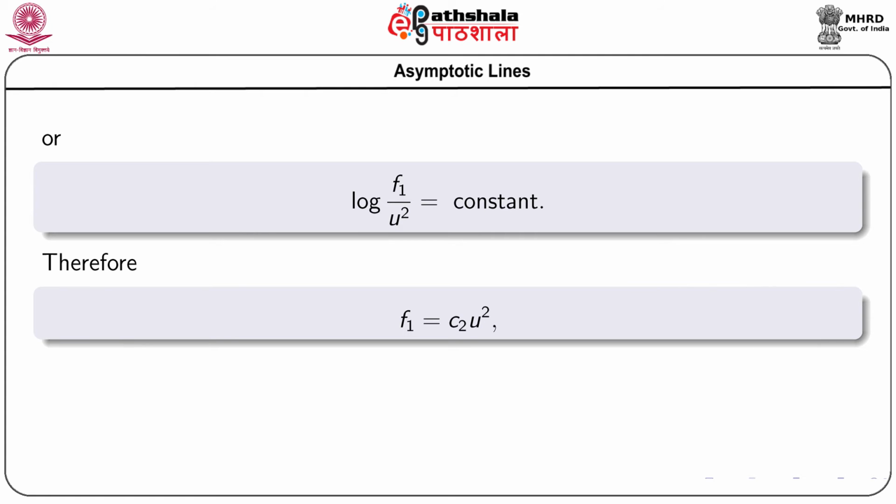Therefore, f1 equals c2 u square, or u square equals d1 f1, where d1 is 1 by c2, and v equals c1. So these are the asymptotic lines for the conoid given by the equation expressed previously.